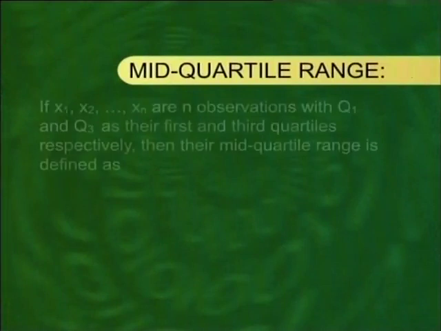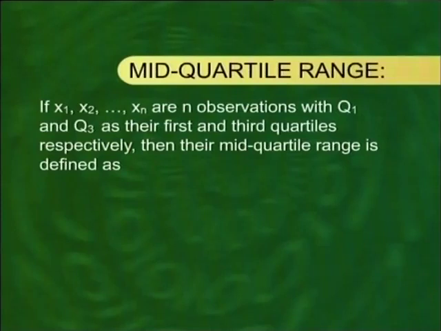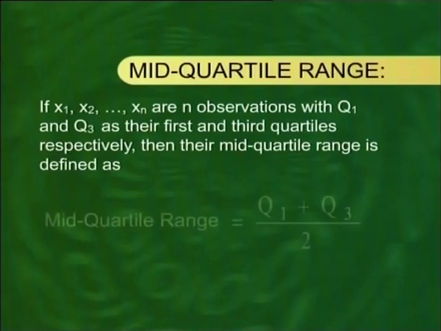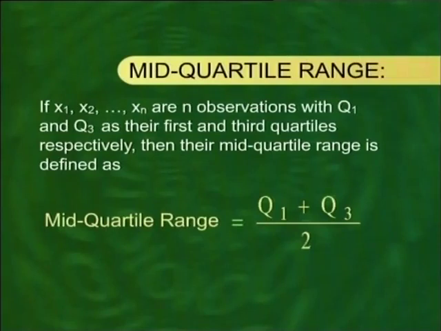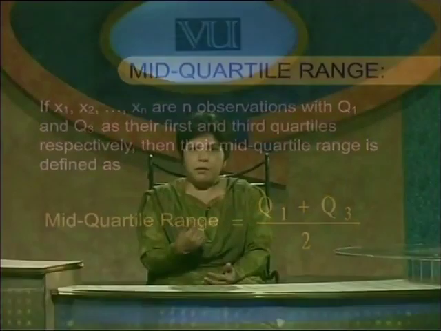The other one that I want to discuss is the mid-quartile range. If we have n observations, x1, x2, so on up to xn, and if q1 and q3 represent their first and third quartiles respectively, then the mid-quartile range is defined as (q1 + q3) over 2. बिल्कुल पहले की तरह, exactly the same logic.